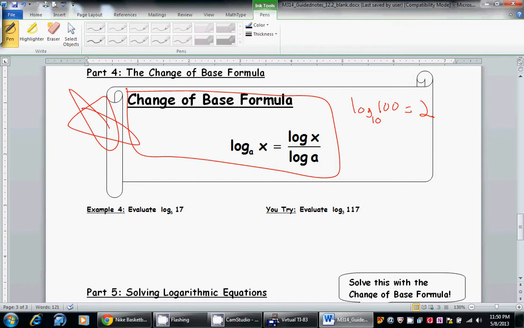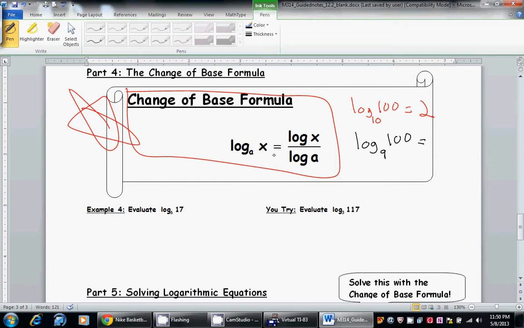So here's what you can do, and let me give you an example. What if I was doing the log of 100 base 9, okay? Now, if you think there's a whole number answer to that, there isn't, right? Because 9 to what power gets you 100, that's not going to be a pretty number, okay? Because 9 to the first is 9, 9 squared is 81, 9 cubed is 729. So 100 is somewhere in the middle there, okay?